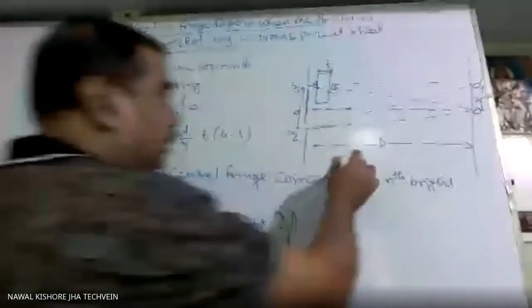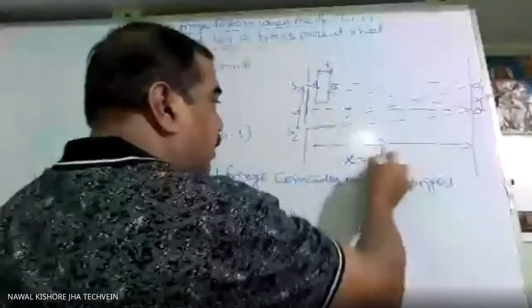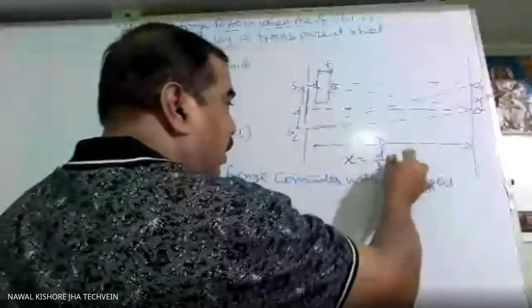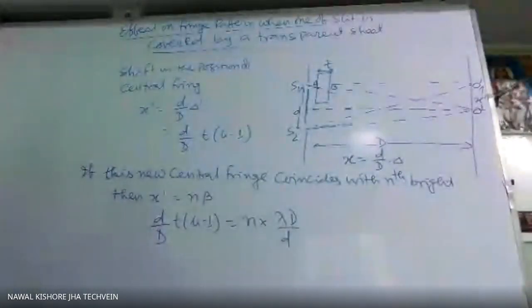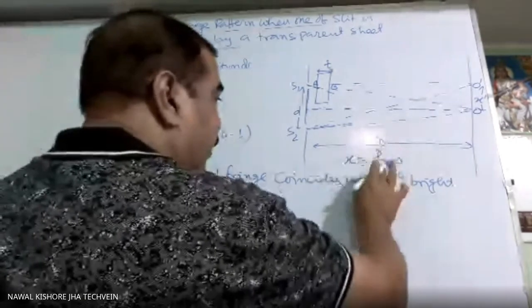See that relation. On that day, what we have done? One x was like this, D by d into delta, or kept reversed. It will be like this, D by d.